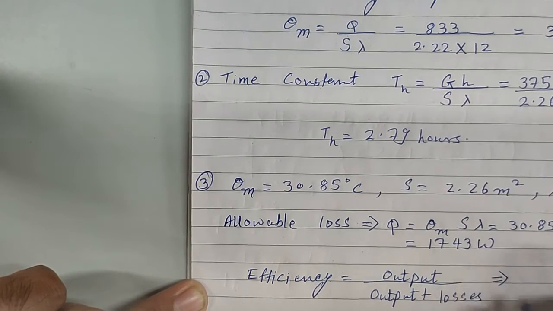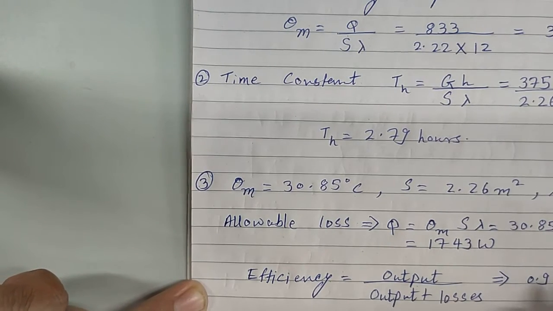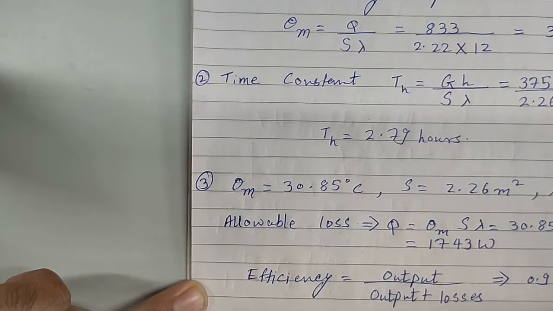As we know the efficiency is the same 90%, I can write 0.9 is equal to my output, which I need to find out, upon output plus the losses which I have calculated, that is 1743.